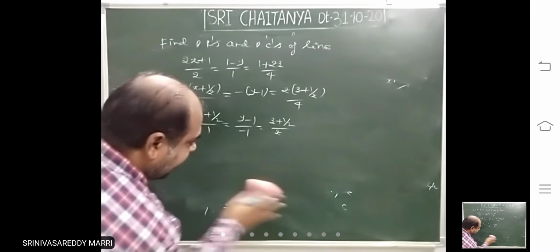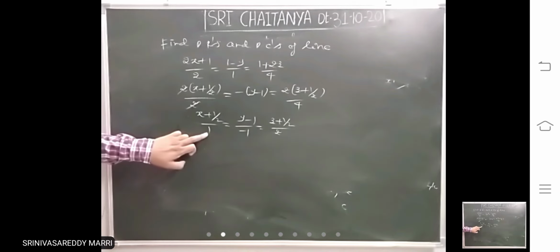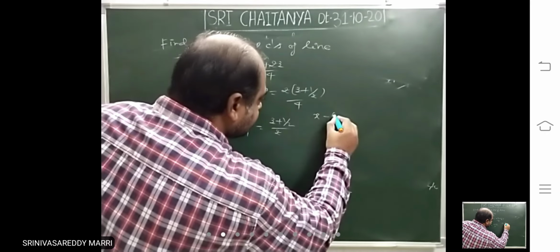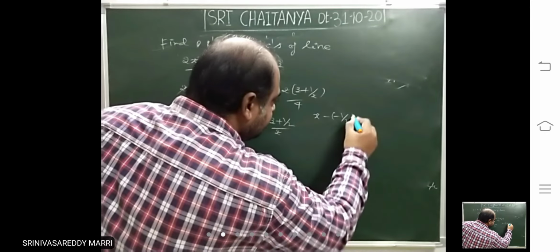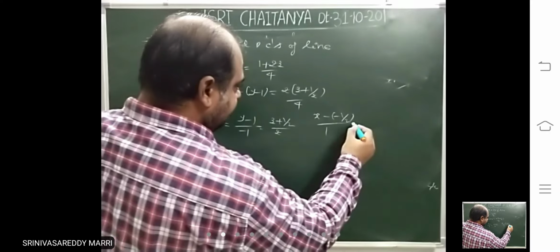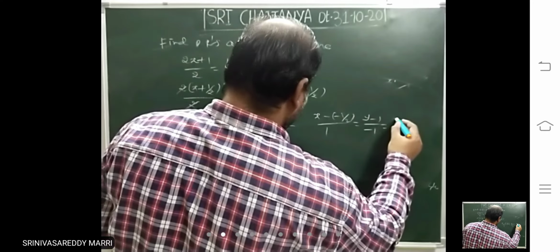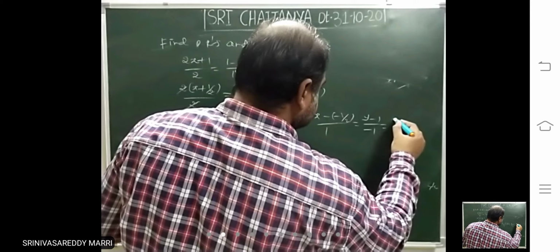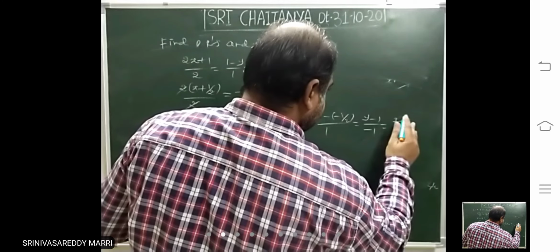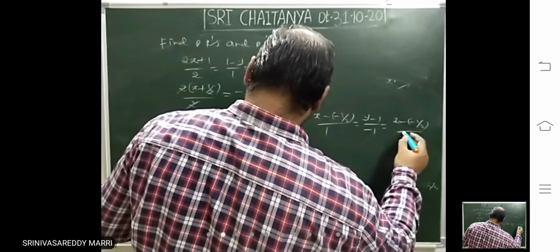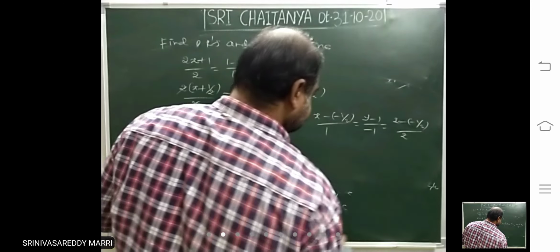So this is in standard form: (x minus x1)/a equals (y minus y1)/b equals (z minus 1/2)/2.